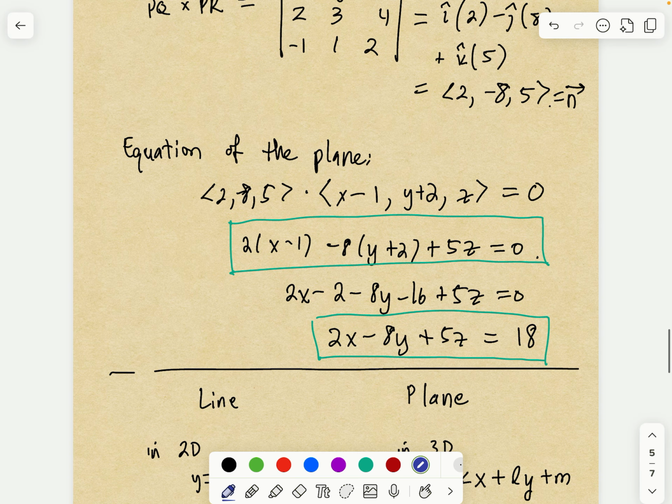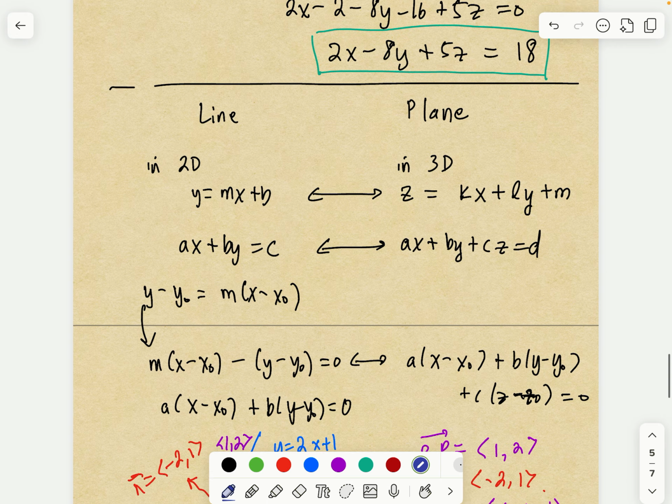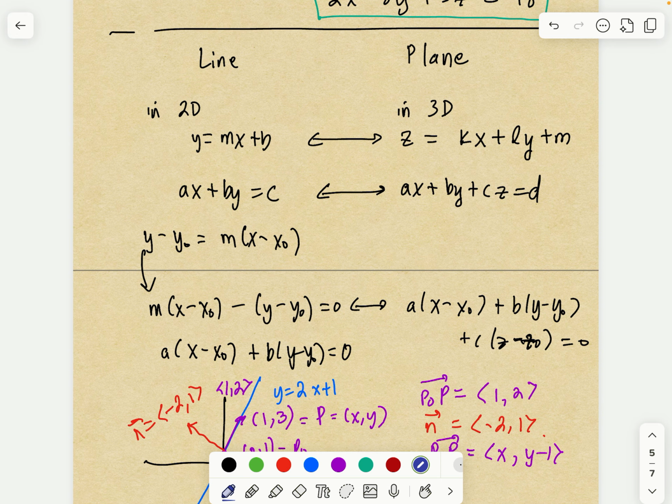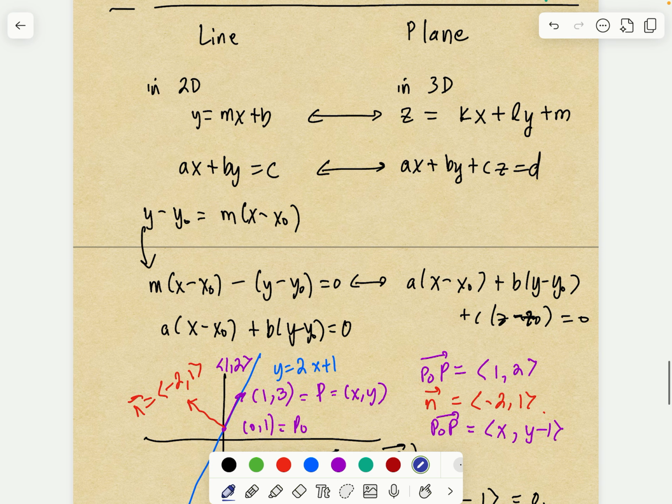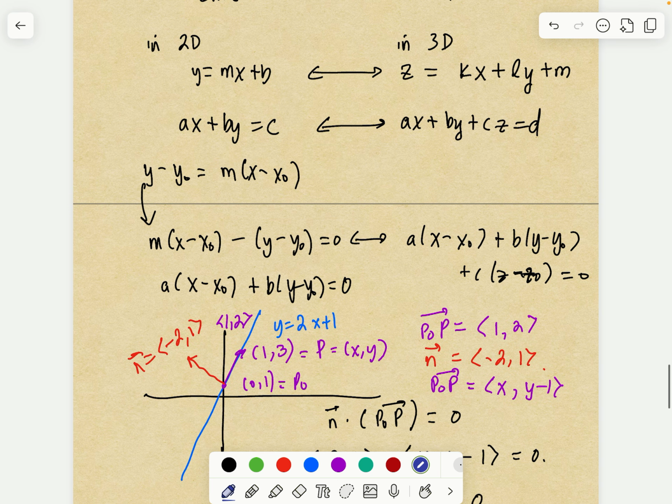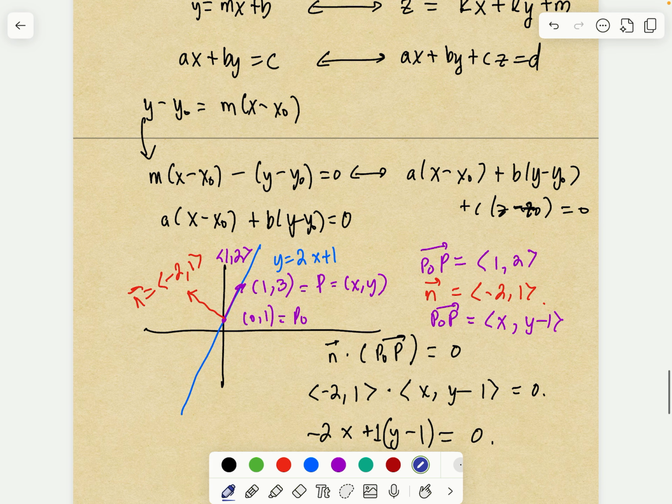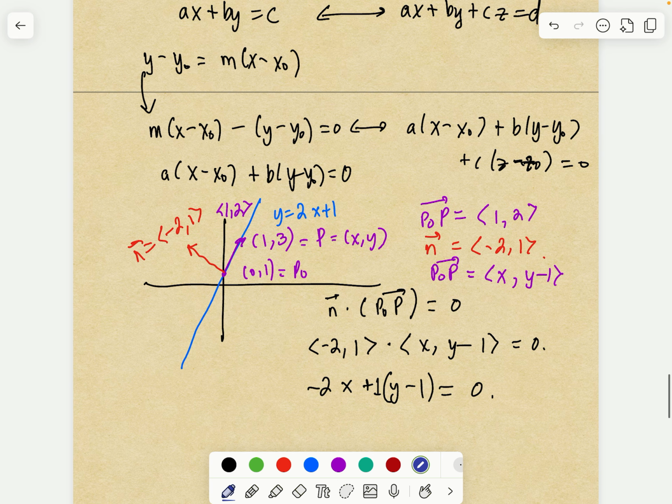And at the end, we did a few more comparisons that show you how the equations of lines are analogous to the equations of planes. I think that's helpful for understanding how the different concepts are related. And I did an example of how to get this dot product interpretation. We use the dot product to find the equation of a plane. We could do the same thing for a line. If you have a line, you take a point on the line.